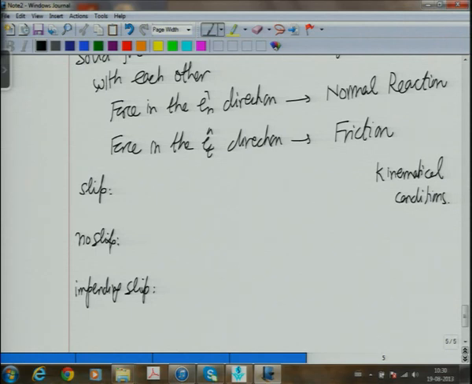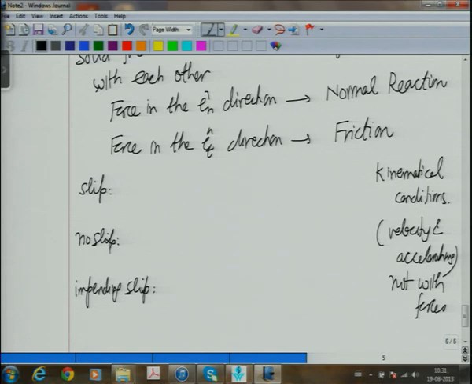Now what do we mean by kinematical conditions? That means they deal with only velocities and accelerations, not with forces.